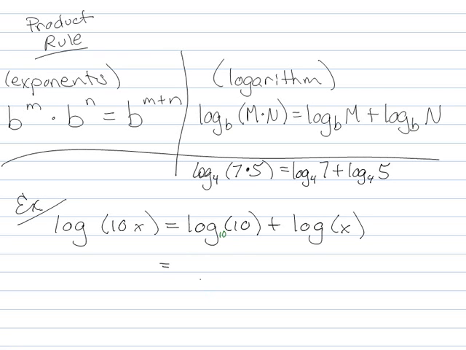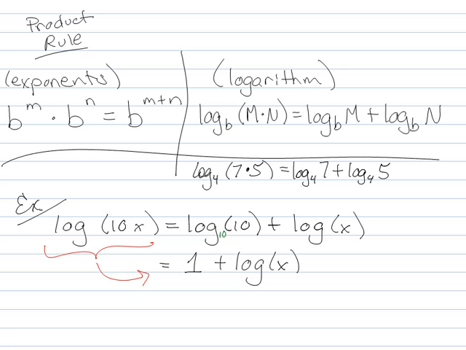We know that log base 10 of 10 is 1. So maybe you might be able to imagine that one day it might be preferable to be able to simplify this into something that looks like that. If you're going to be solving an algebraic equation, you get the x by itself, and now all of a sudden maybe you've got something that you can solve that you couldn't solve before. So that's kind of an example of what we would be doing with this.